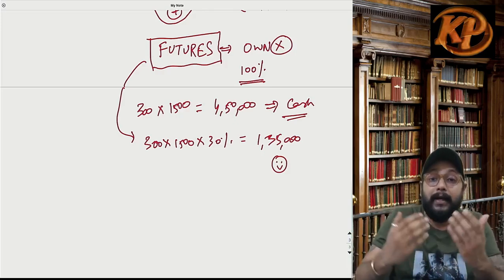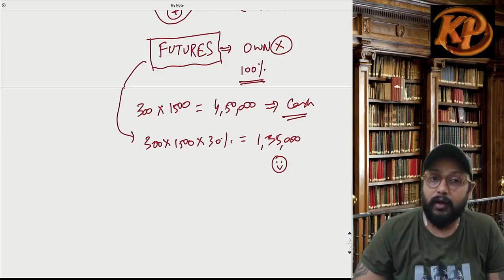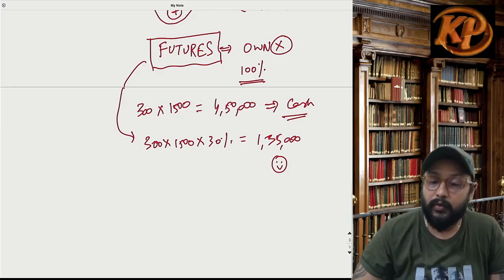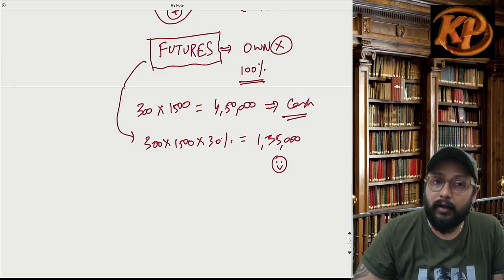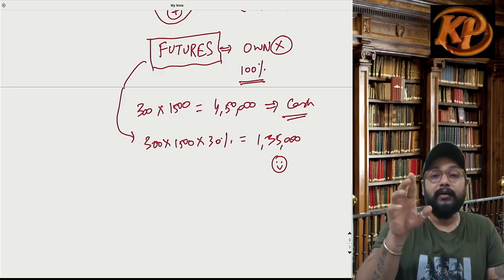Because what will you say, am I a fool, that I will pay 4.5 lakh rupees and pick up shares in the cash market? I will take the same number of shares by trading in futures. Wow, that's very good. That's brilliant idea, right? Why should I pay so much money in cash market? But you understand one thing, in cash market you are paying 100% because you are getting ownership.